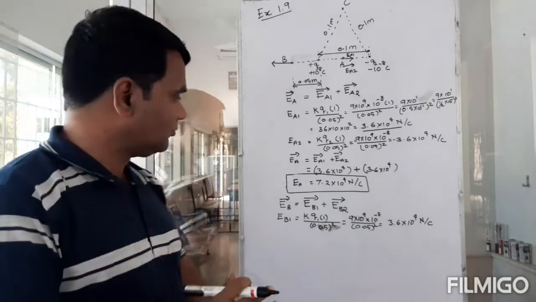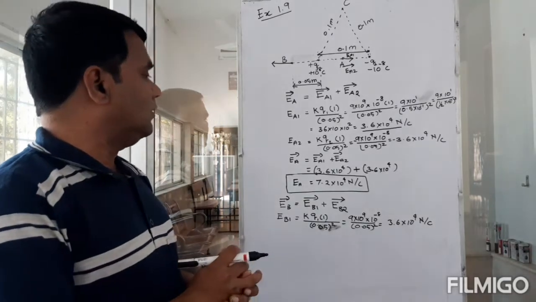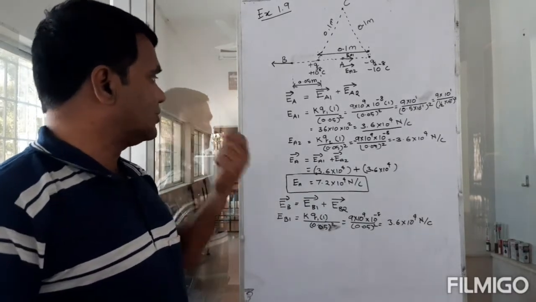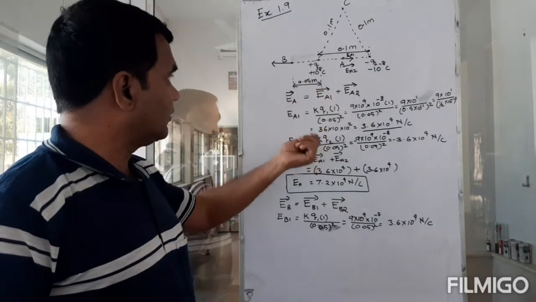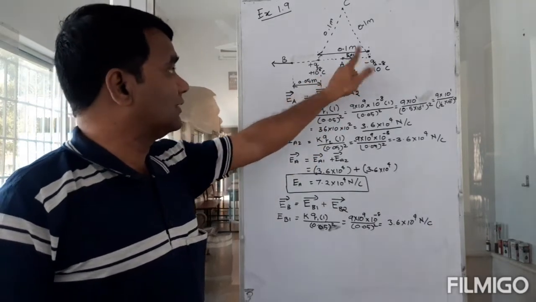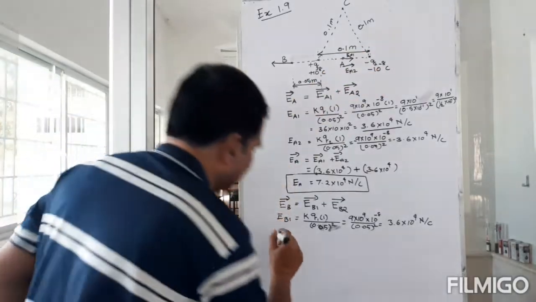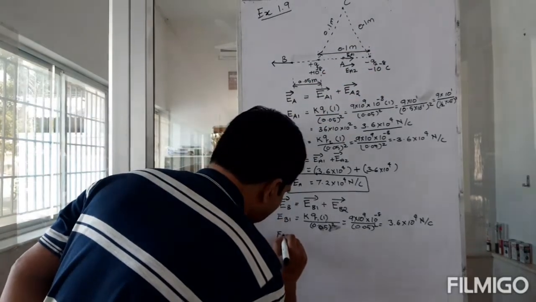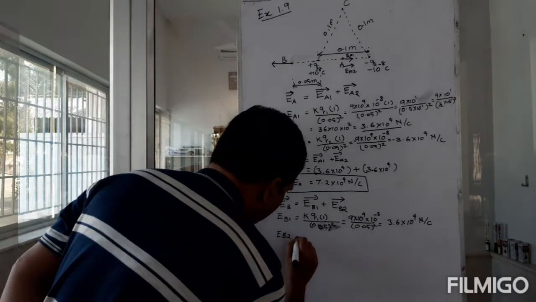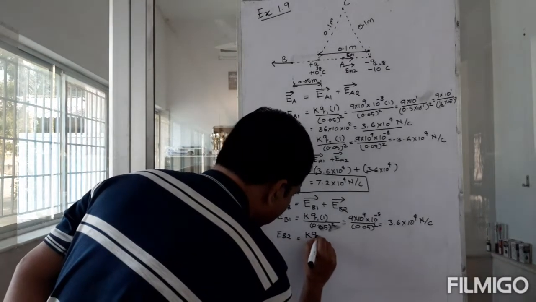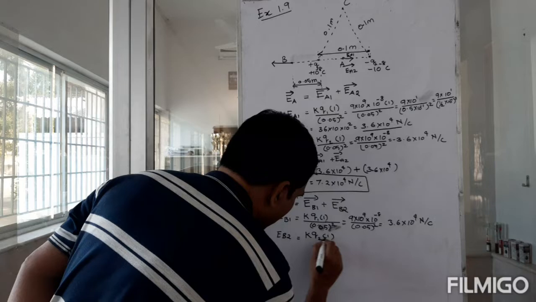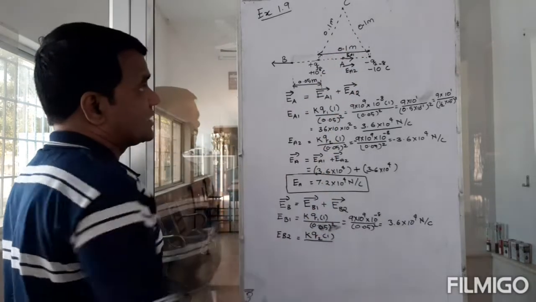That's fine. Now, what is the magnitude of the electric field due to this charge, the negative charge? We'll do that, right? So E at B due to 2 is equal to K Q2 into 1 by r squared. I know what the distance is now.